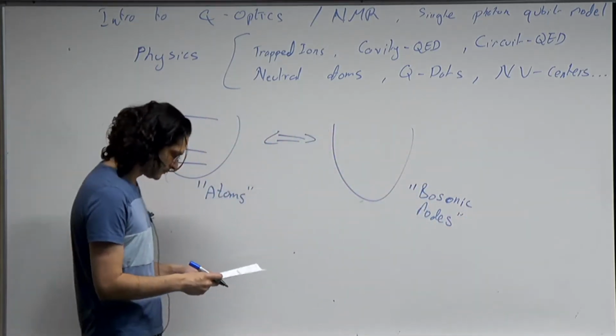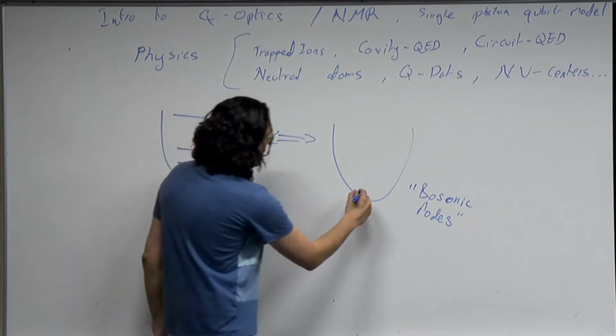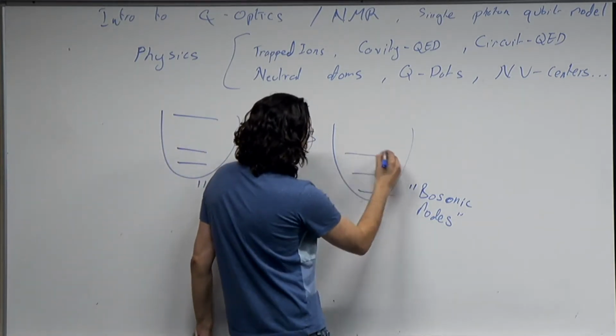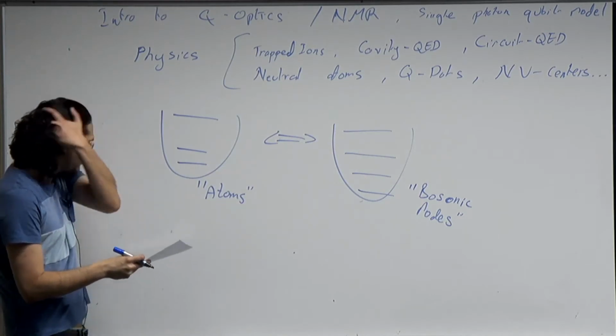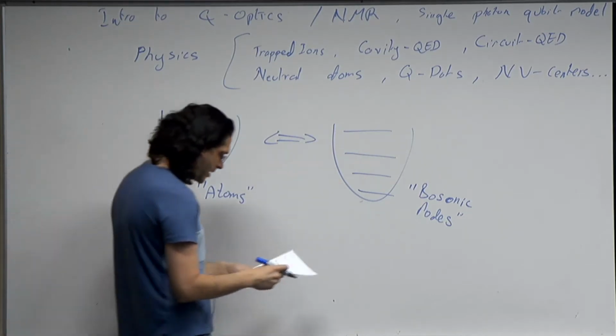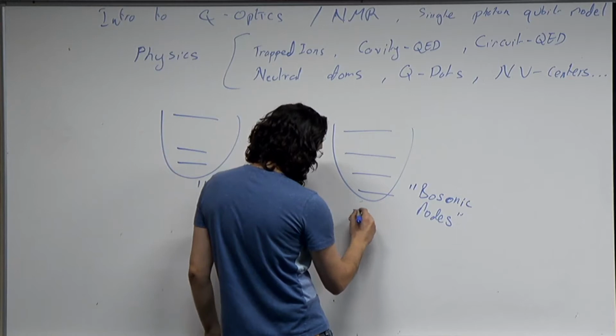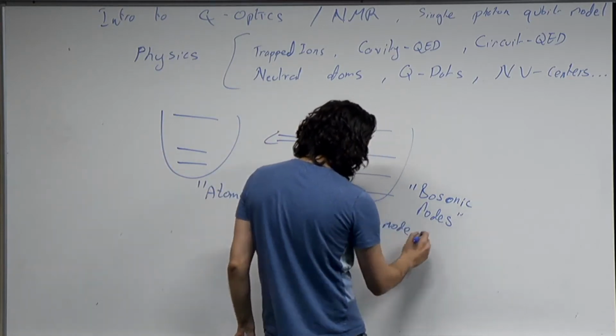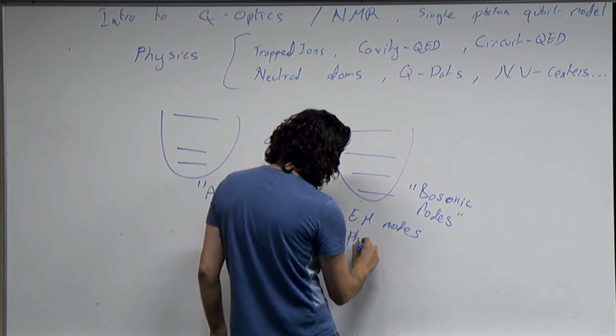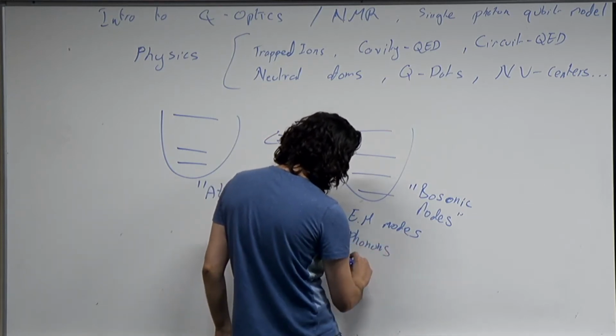These are just represented by harmonic oscillators. These bosonic modes are electromagnetic modes, phonons, magnons.